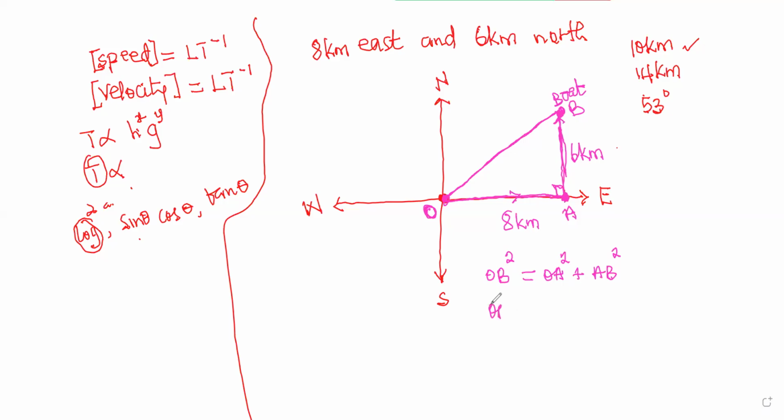So OB squared is equal to OA, which is 8, squared, plus AB, which is 6, squared. What is 8 squared? 64. Plus 6 squared, which is 36. When we sum this up, we have 100.